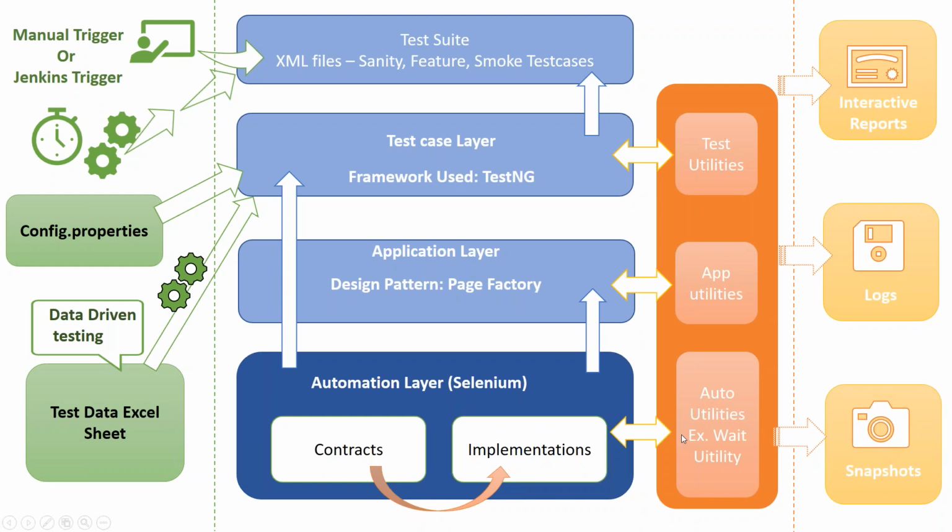Utilities are nothing but certain extra methods which help you achieve things quickly, and those methods will be used very frequently in your project. That's why we are keeping them separated out as utilities, and anyone can use them. Utilities are written at the application level, at the automation level, and at the test case level. So all three will have their own utilities.